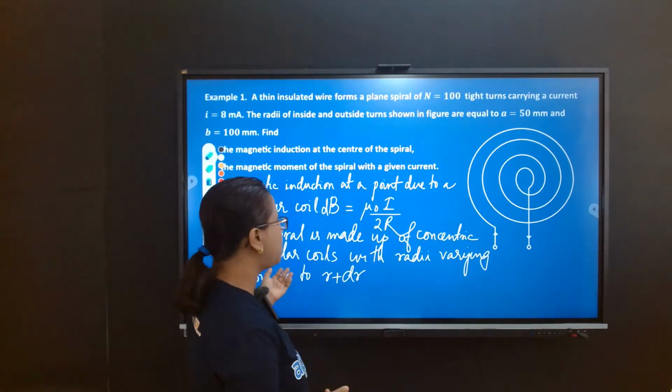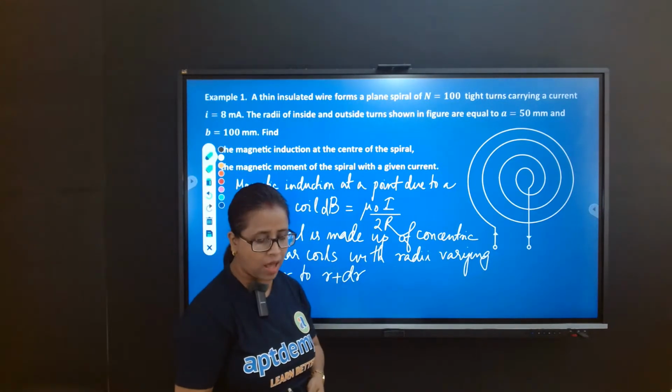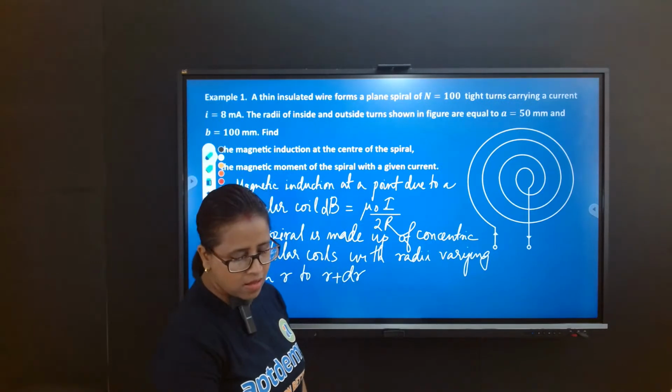We are of course given the internal and the external radii in this case.